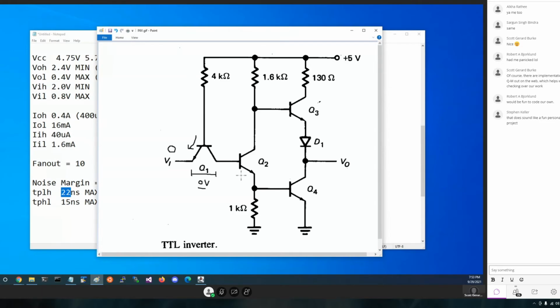Well, the first thing I'm looking at is the collector to emitter path. Looks like we've got 5 volts on the collector side and potentially 0 volts on the emitter side, because that ultimately connects to ground there. So whether that flows through depends on whether it's saturated.